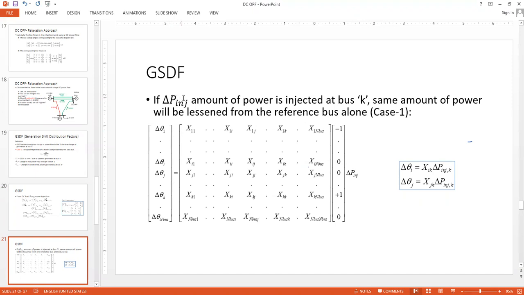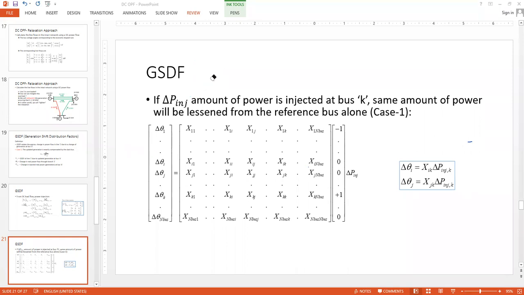It could be the reverse case also. Del P injection could be positive, could be negative. That means the injection could be in the incremental form or in the decremental form, in both ways.